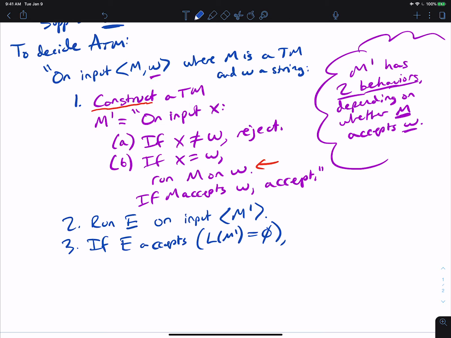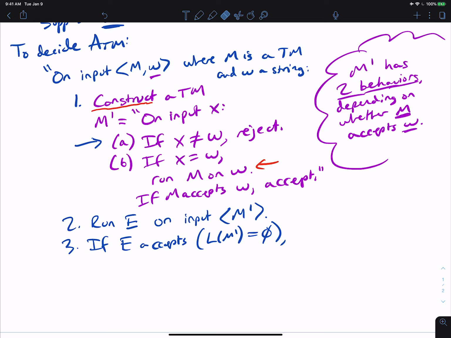So what does that mean? Well, if M prime's language is empty, then no point in here did M prime accept X. It never accepted any string. No matter what happens, it rejects every string other than W, for sure. It rejects every string.